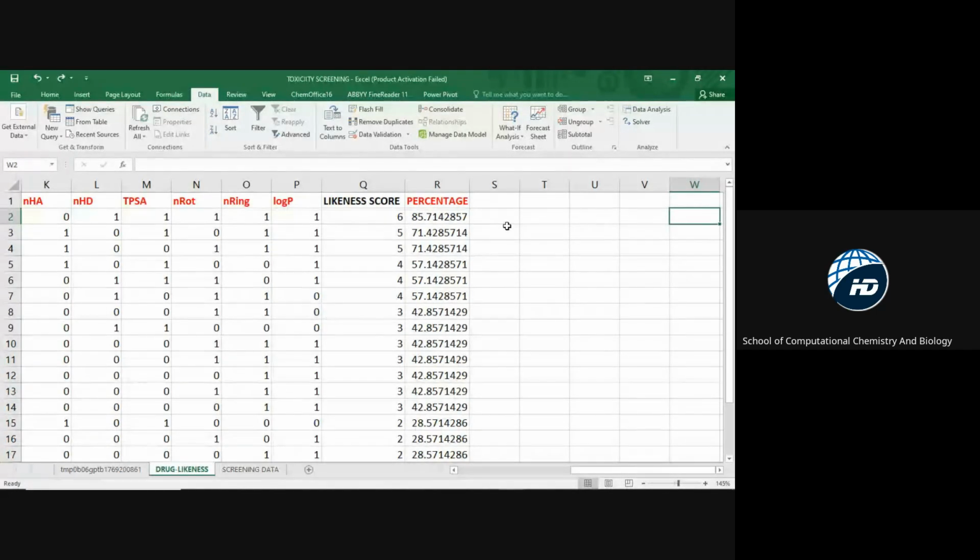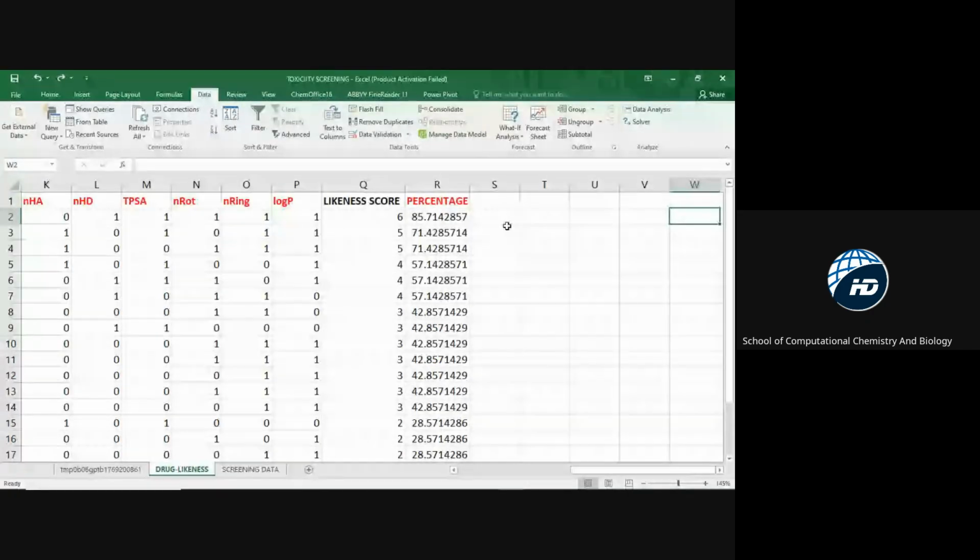Those will be the ones you subject to the likeness model, because you're only focusing on the ones that are not toxic. But here we are still using the whole plant. So our focus is the potential of toxic and non-toxic, and the potential of drug-like and non-drug-like.